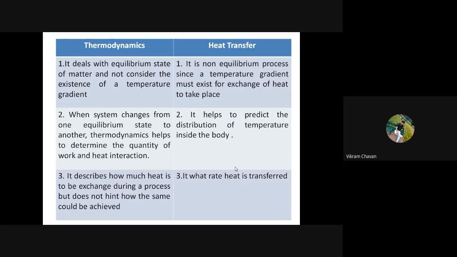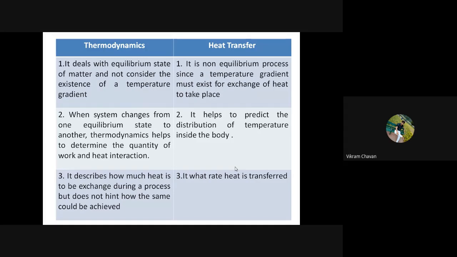That we come to know by using heat transfer laws or the heat transfer phenomenon. We never see the variation of temperature with respect to distance in thermodynamics.